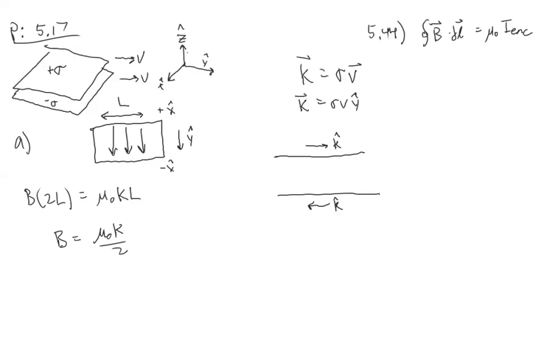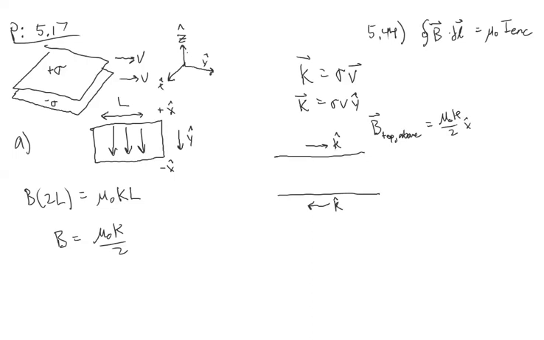So that being the case, above plate 1, we have that the B field from the top plate above both plates is equal to mu naught K over 2 x hat.